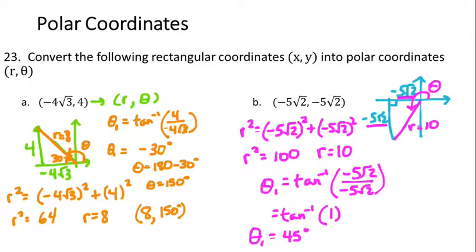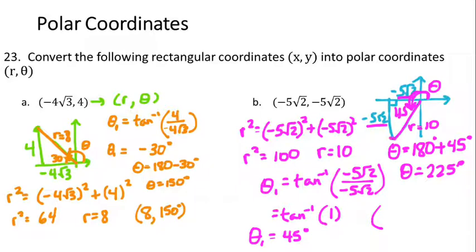Or maybe recognize that since the two sides of the triangle are the same, that the angle would have to be 45 degrees. Either way, my reference is 45 degrees. That's the angle in here. I'm looking for the angle all the way around from standard position. And so to find that, this time we're going to do 180 plus 45 to give me that third quadrant angle. And so theta is 225 degrees. And so my coordinates for this point in polar would be 10, 225.